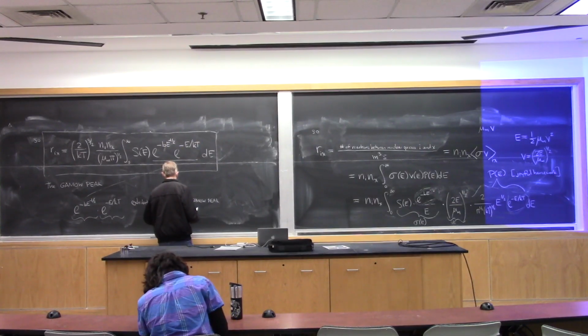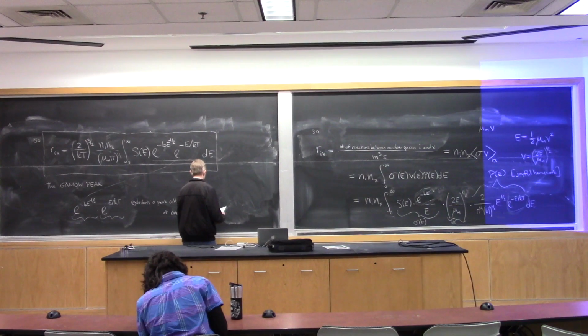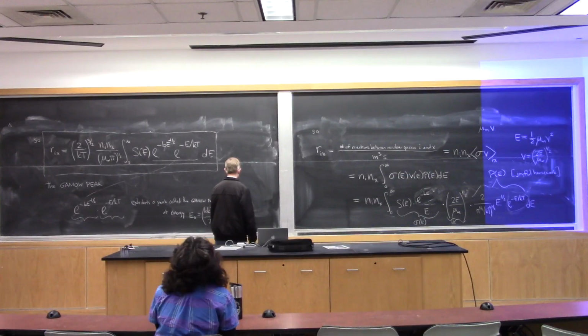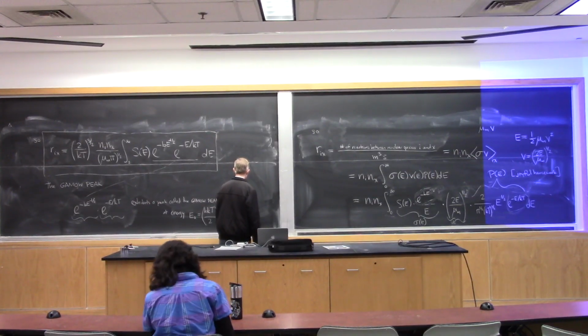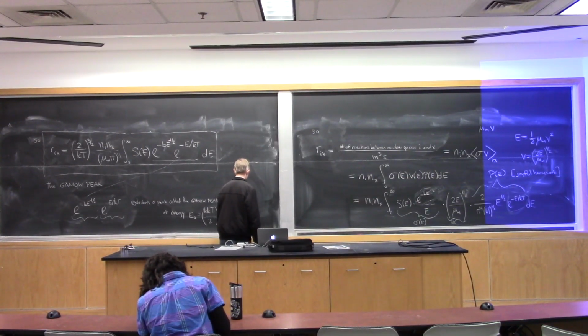At energy E0 equals (bkT over 2) to the 2/3 power, as you should show in the homework.